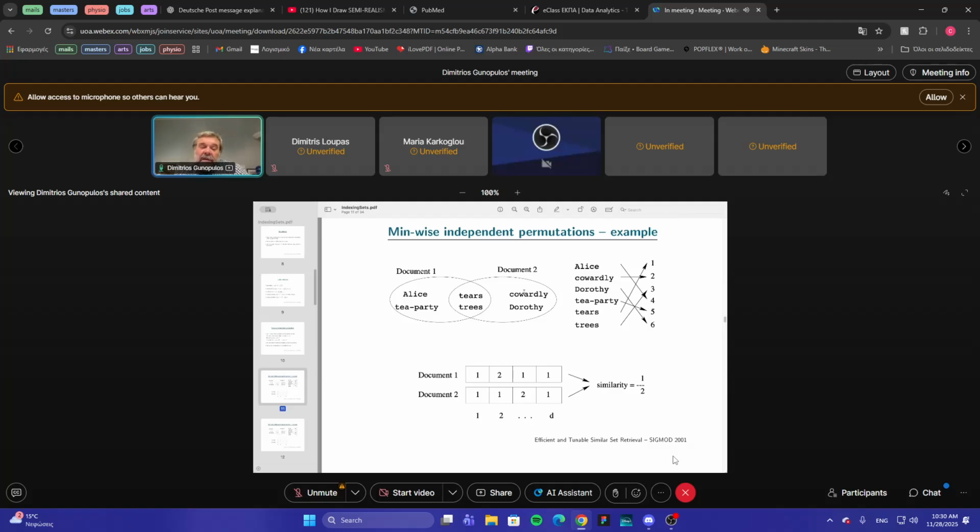Of course, with 4 trials, we don't get a lot of resolution, right? They can only agree in 0. If they agreed in 0, then we would estimate 0, or they would agree in 1 out of 4, then our estimate would be 0.25, or they would agree in 2 out of 4, like in this case, so the estimate of our similarity is 1/2, or they would agree in 3 out of 4, so the estimate would be 3/4, or they would agree in all 4, so the estimate would be 1.